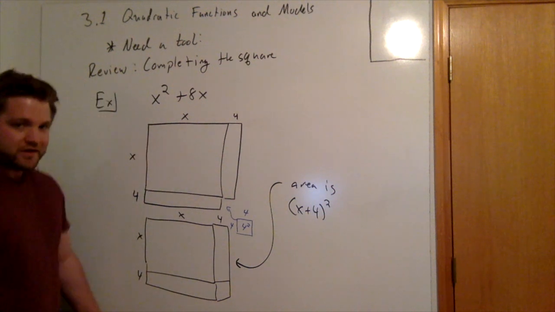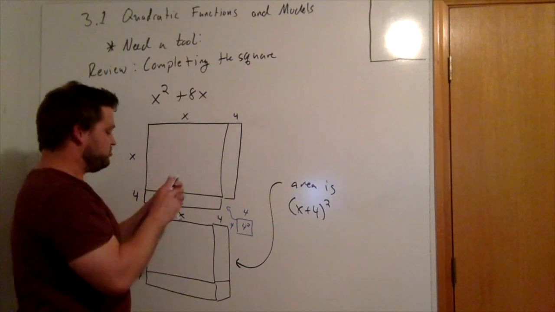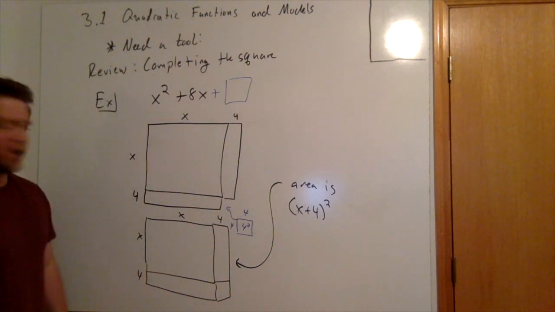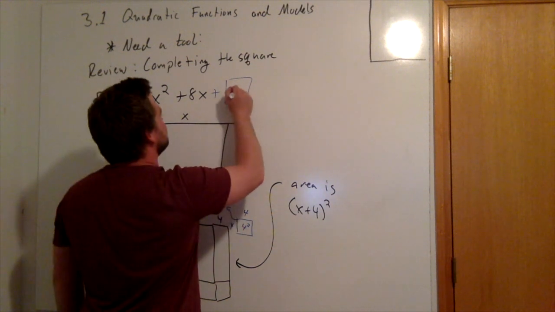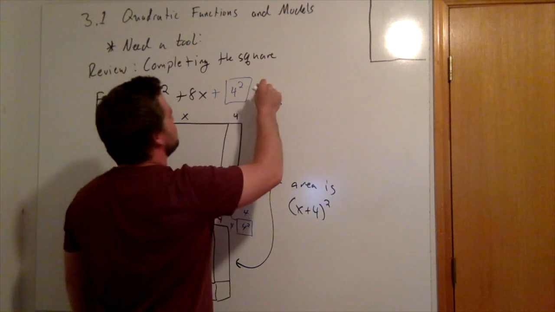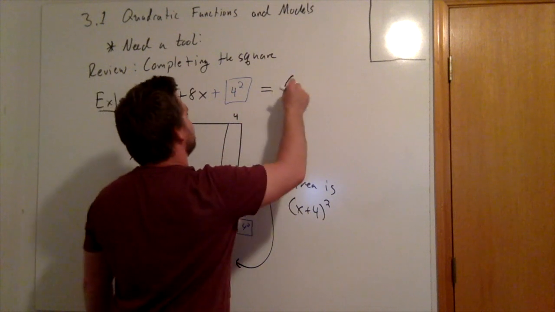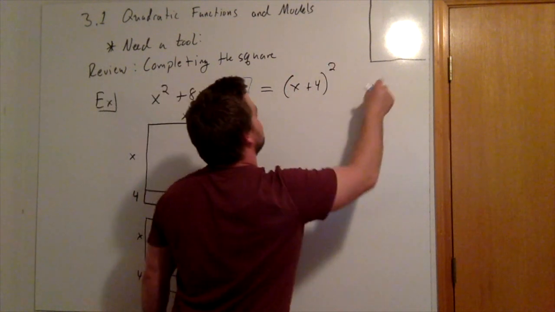So if we go back to our original question, my job was to figure out what I should add to make this factor into a perfect square. What I should add here is 4 squared. And when I add 4 squared, this will factor perfectly into (x plus 4) squared. Smiley face.